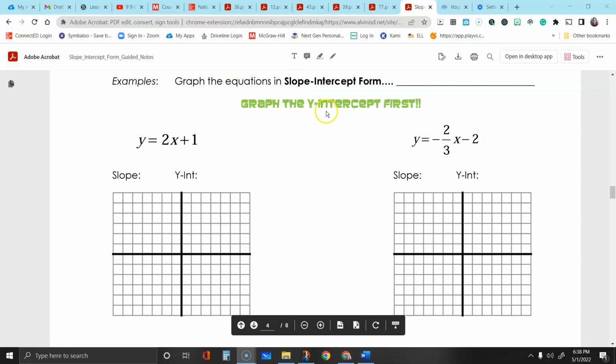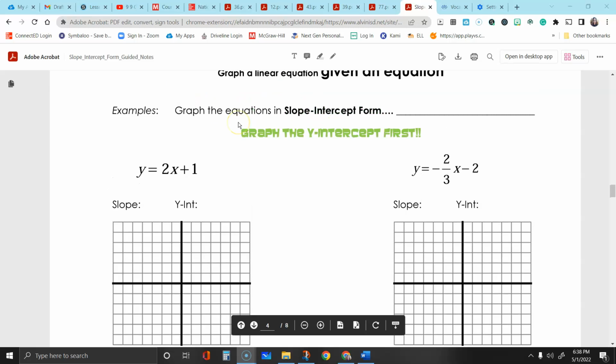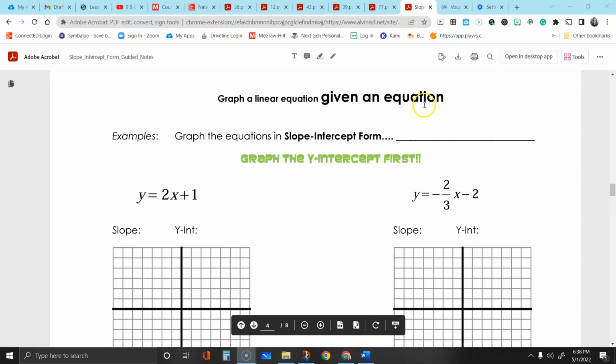So now we're going to graph these equations, a linear equation given the equation. So graph the equations in slope-intercept form. Remember that's y equals mx plus b.